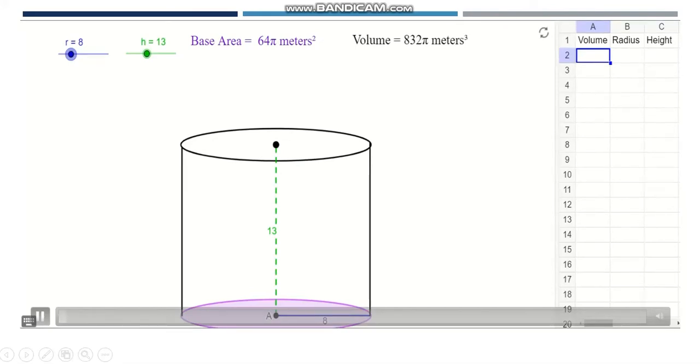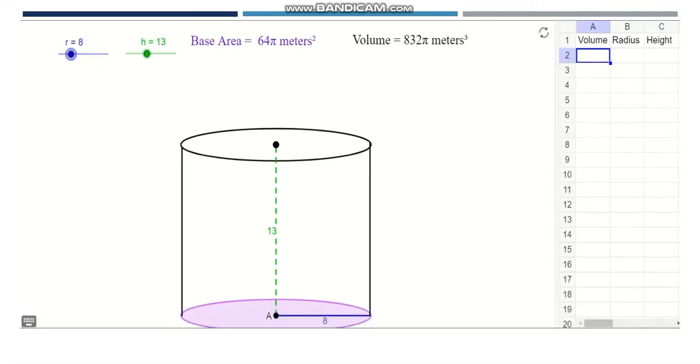Let's work on this GeoGebra file to find which tank has enough capacity to take the 270 cubic meters of oil. To find whether they have enough capacity or not, we should know that capacity means the volume. When they have enough volume, it means they have enough capacity.